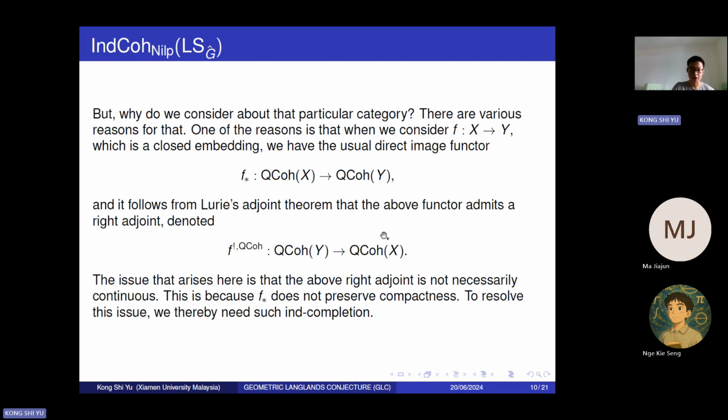But the conclusion is that we consider ind-coherent sheaves because F star doesn't necessarily preserve compactness.